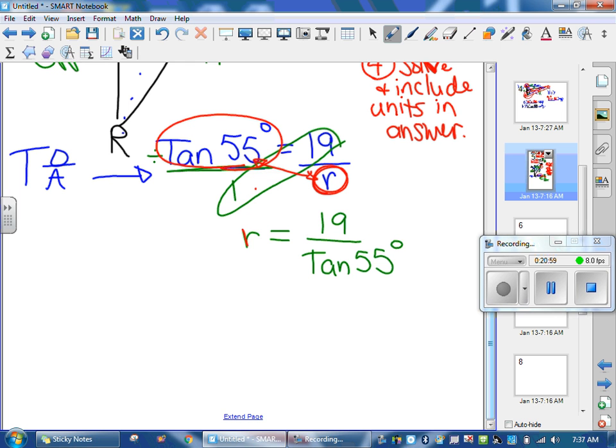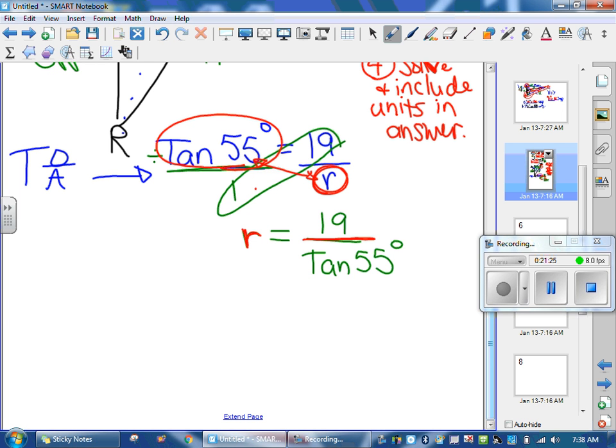So we're going to type that into our calculators. And one thing about our calculators, we need to remember it's got to be in degree mode for us to be able to start. So turn your calculators on, hit your mode button beside the second button at the top left of your calculator, and make sure it's in degree mode. Scroll down, select it in black.